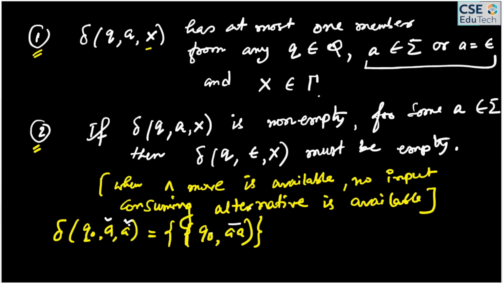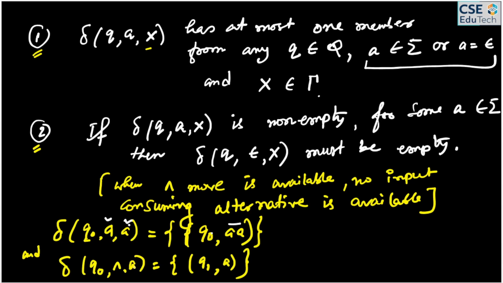Now if there is another move like this: q0, null input, stack top A, going to state q1, it means you are in the same state q0 without reading any symbol.